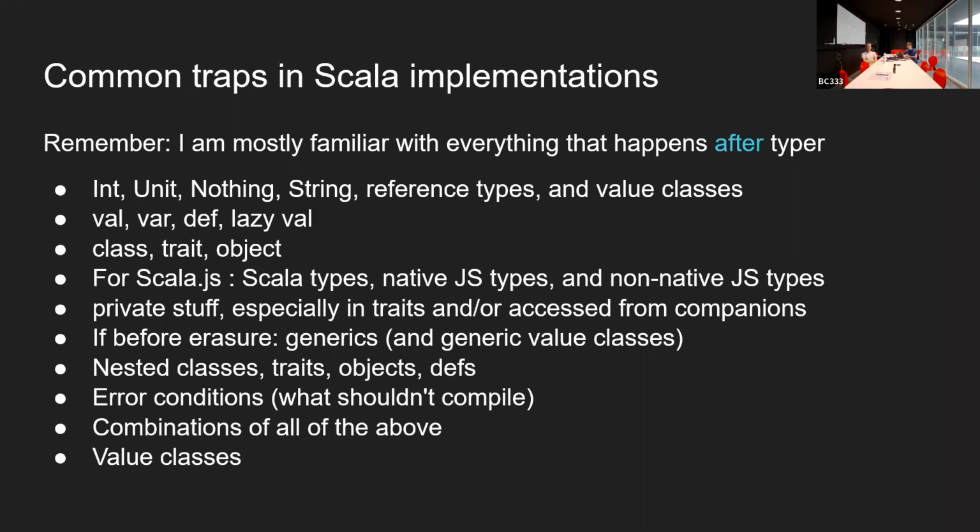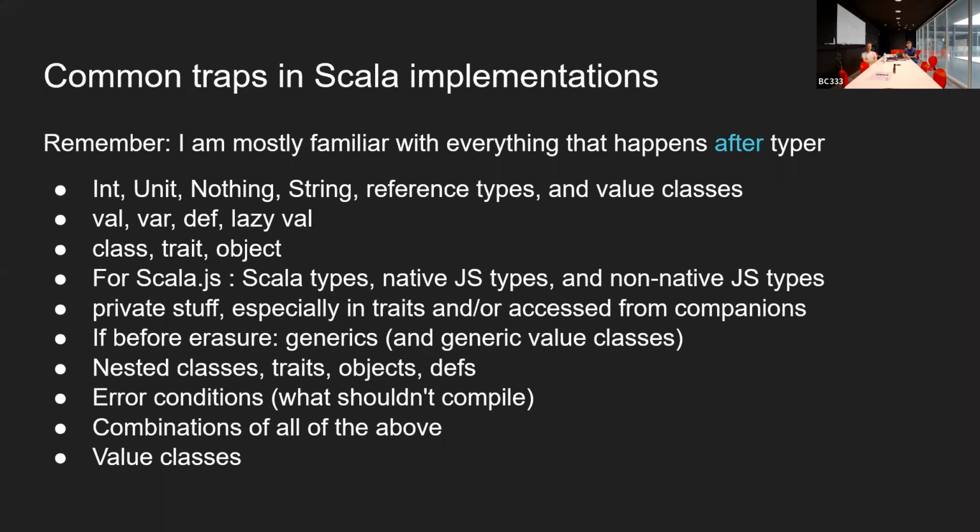If what you're working on is before erasure, try with generics, and especially generic value classes, because they're really nasty. Nested classes, traits, objects, defs. And I already said that before, but it's always worth repeating, error conditions. So what shouldn't compile is something you should test as much as what is supposed to actually work.